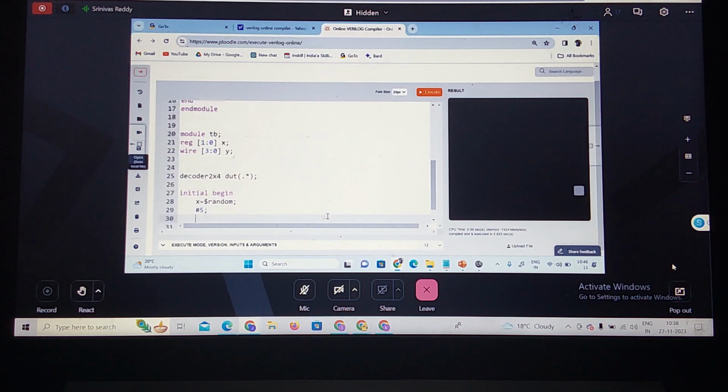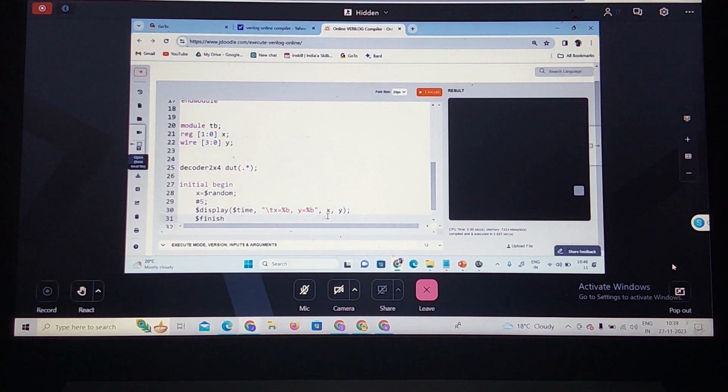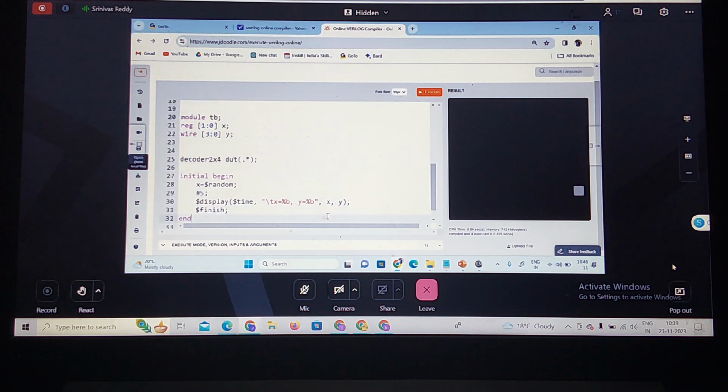Then display dollar time, then X input percent B, Y percent B, with arguments X and Y. Then finish, then end.